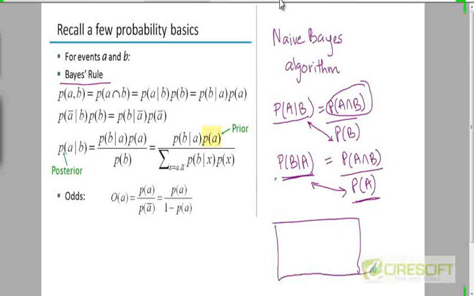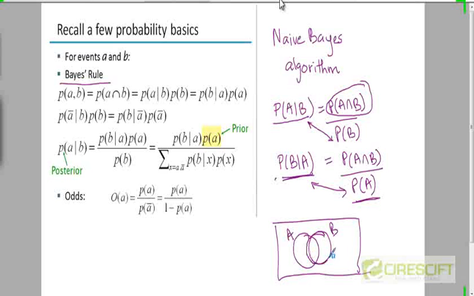Okay, and in terms of a Venn diagram, you may recall that it's pretty simple to understand the intuition behind this formula. Probability of A given B is the probability of A given that B has already happened. So let's say A and B are events.